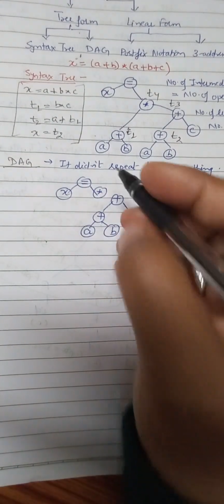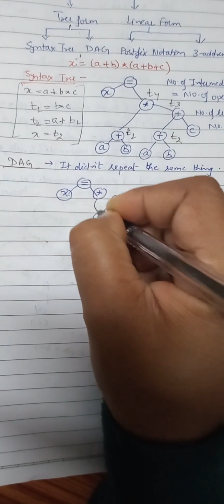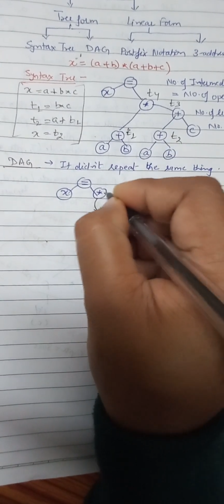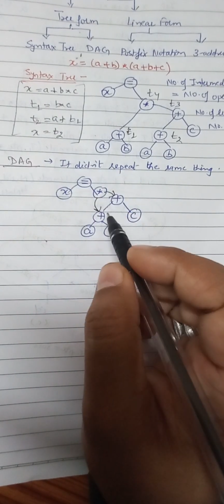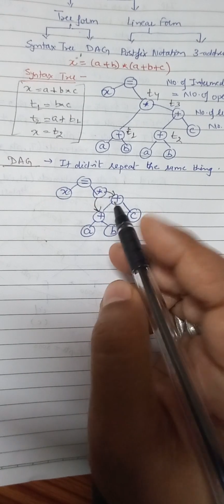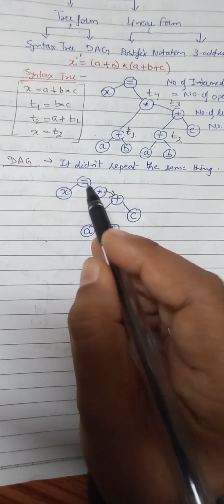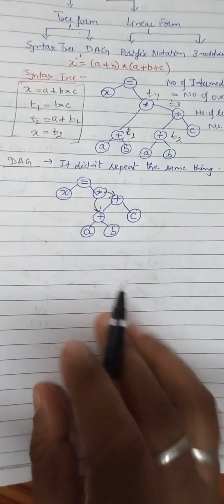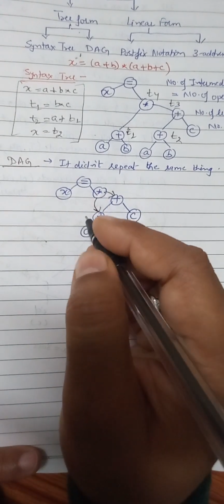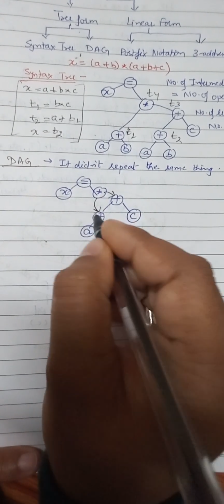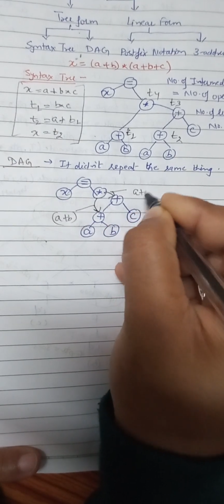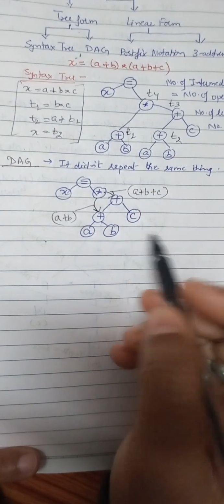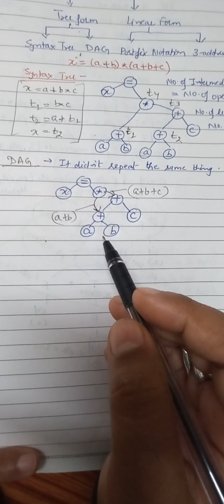So a plus b into, and this comes here, so a plus b plus c into. Here we are not repeating this, so it means a plus b, and it means a plus b plus c. So that's what we want. Here we are not doing any repetition.